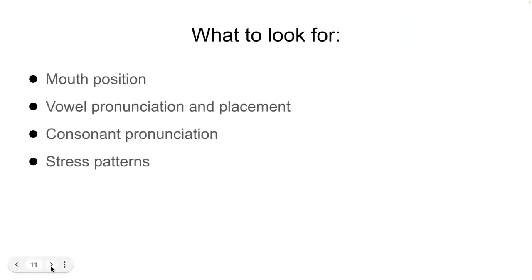So some things to look for as we're teaching pronunciation is the mouth position, the pronunciation of the vowels and the placement of your tongue as you are pronouncing those vowels, consonant pronunciation, and also stress patterns.